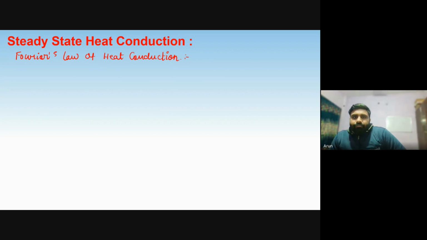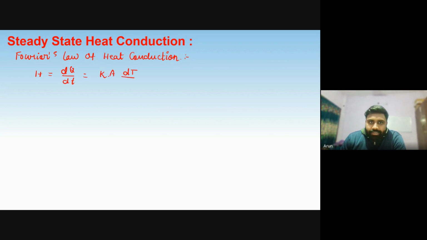Fourier's law of heat conduction says the same thing that we have discussed earlier, which is H is equal to dq by dt is equal to minus K A dT over dx. And this should be in minus. Why this minus? Because heat always flows from higher temperature to lower temperature. So that is why this minus has come.